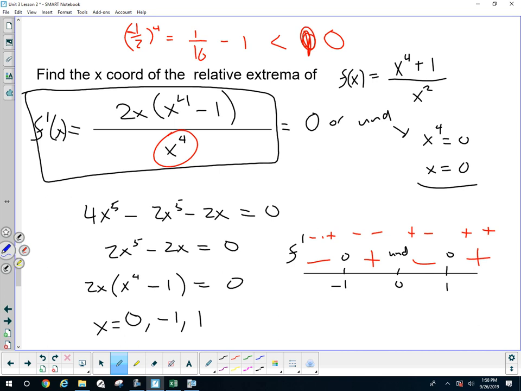Through this analysis, I know f is going to be going down, going up, going down, going up. I would assume that x equals negative 1 is a min, 0 is a max, and I would assume that x equals 1 is a min. But this is wrong.